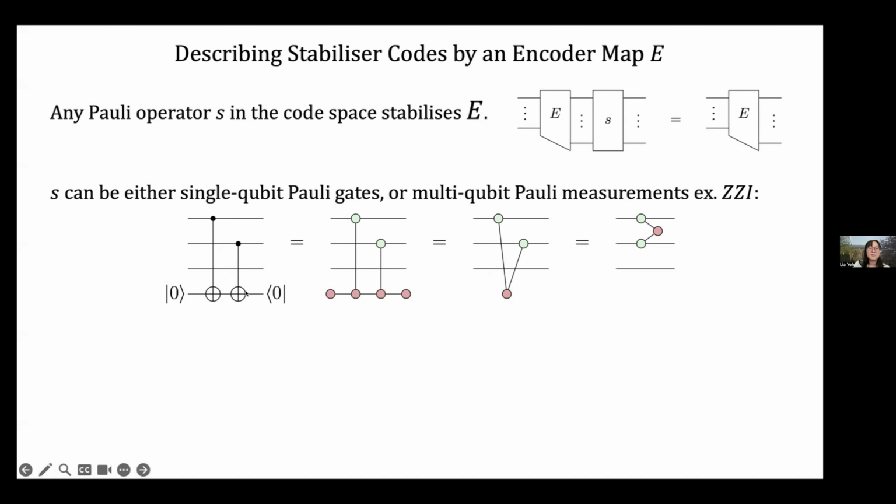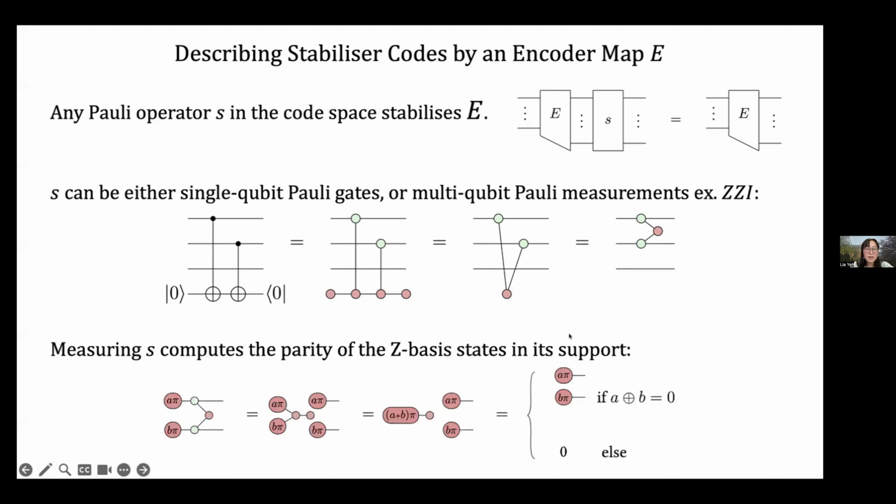And if you just translate every gate, the preparation gates and the measurement, to the ZX calculus, then you get, well, this is the ZX diagram, and you can fuse it, and that's what you get. You can also view this as computing the parity of the computational basis states.